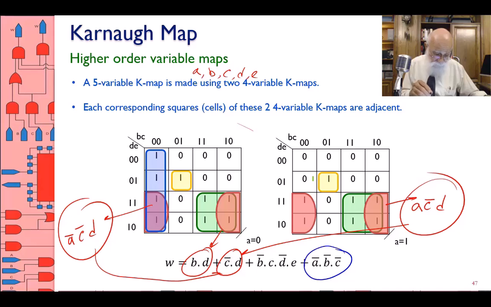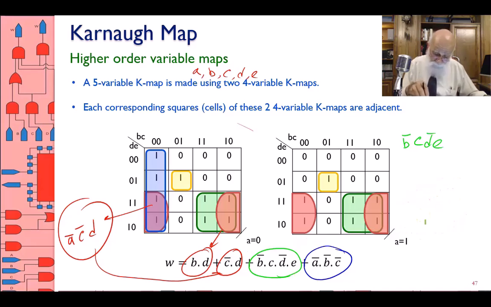This one is, if you look at the terms there, B bar, C, D bar, E. On the right side becomes A, this. On the left side becomes A bar, B bar, C, D bar, E. But since it is both on the right and on the left map, A does not have any participation, and therefore this becomes this. This is my minimal realization.